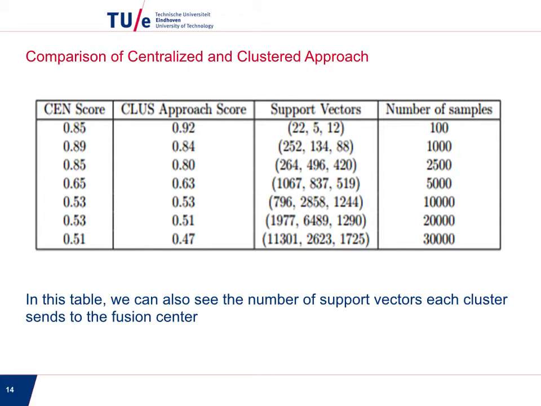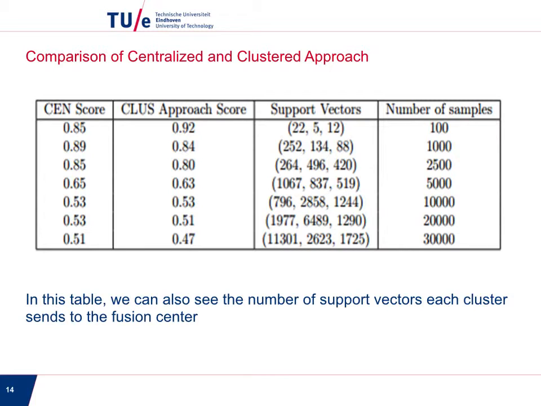Now here, the score is the R-squared score, and the best possible score is 1. For example, let's consider the case when the number of samples are 30,000. Here the centralized score is 0.51 and the clustered score is only a slightly lesser 0.47.